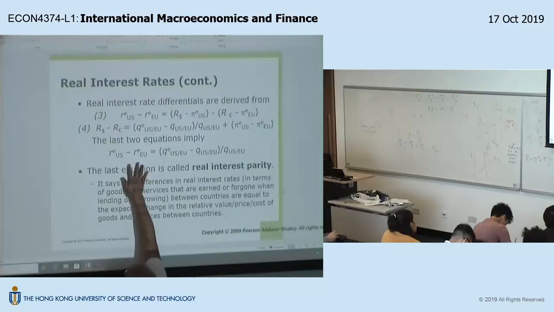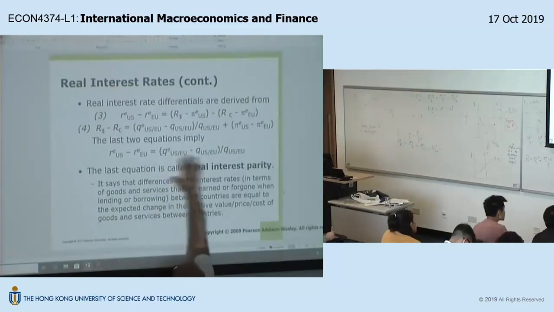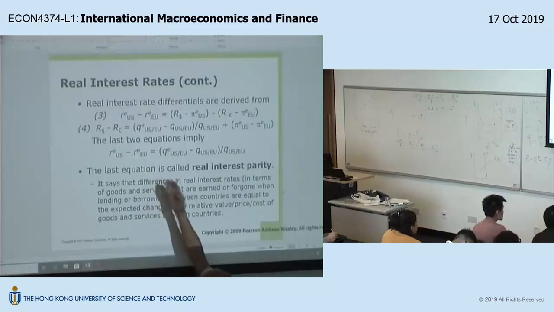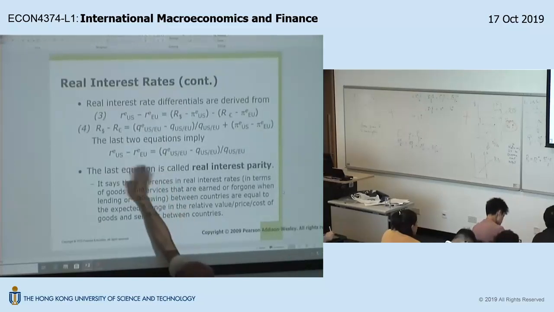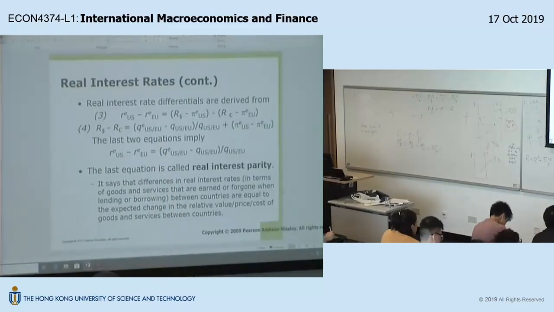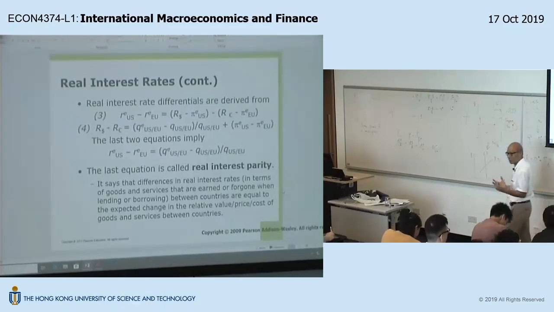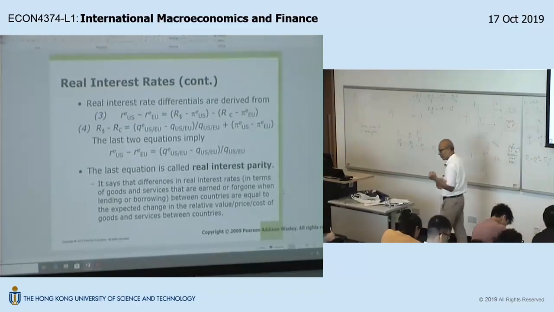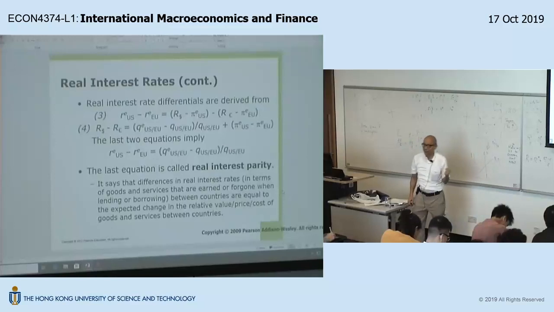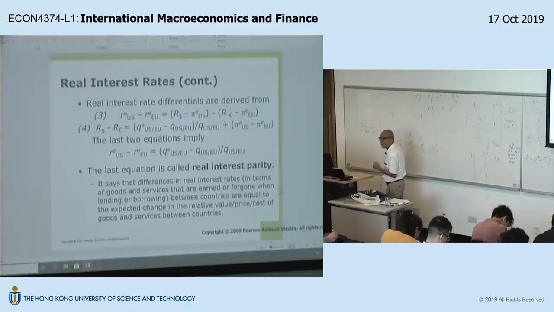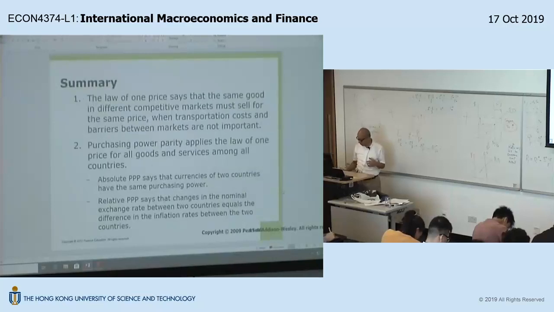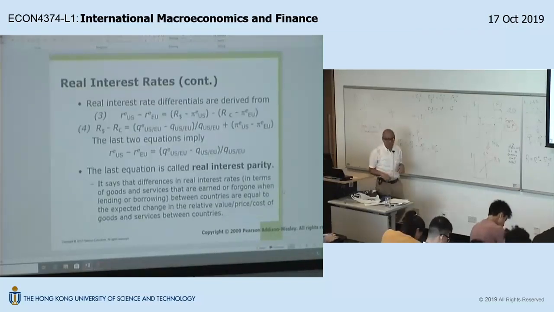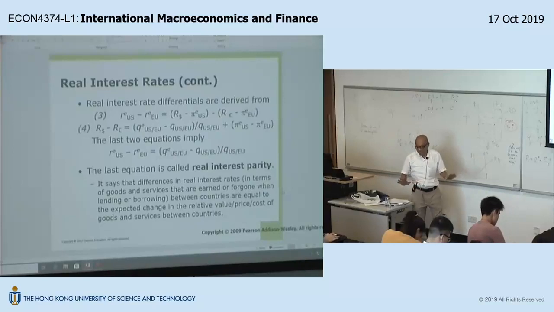This is equal only when Q is unchanged, and even if they're not equal, it doesn't mean that there is an arbitrage opportunity. That's the idea that I want to convey to you. That's all I want to say for this chapter.